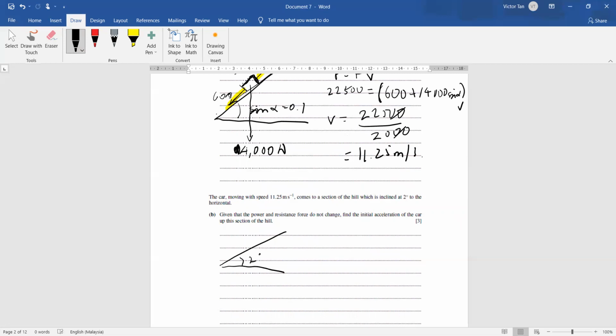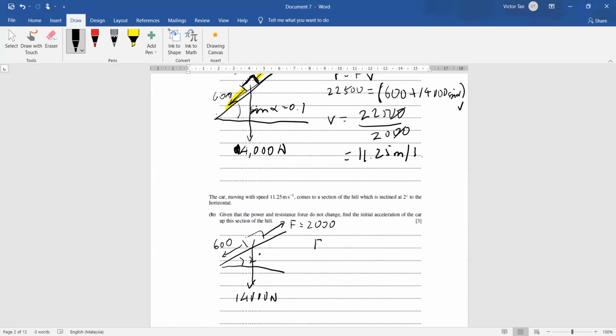So now the section has an angle of 2 degrees. So you have the car still the same, 14,000 newtons. This force is, just now we had it as 2,000 newtons. Resistance is 600. So what is the resultant force?